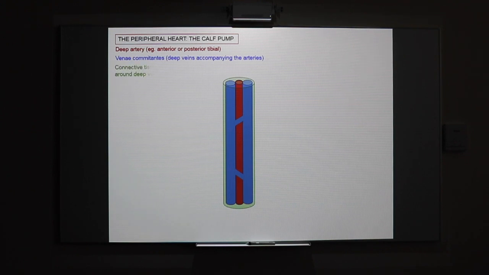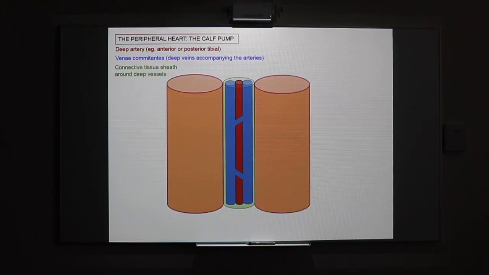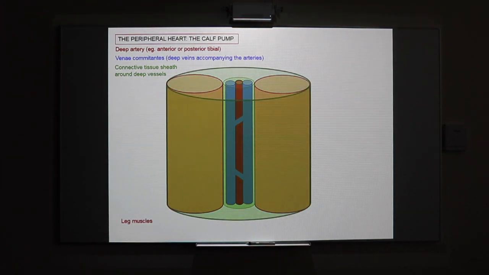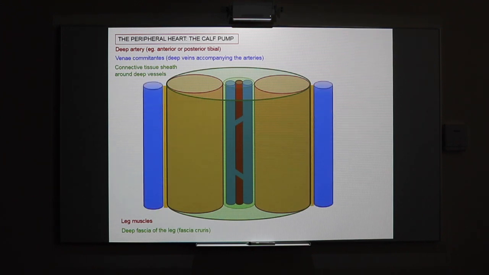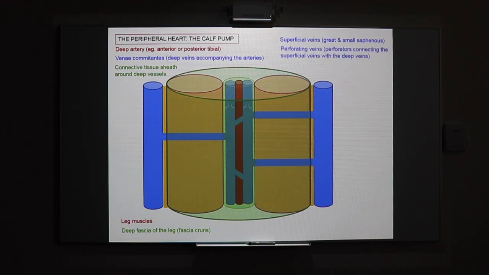Outside these arteries there are muscles, and the muscles are also covered by fascia, and outside this fascia are the superficial veins. These superficial veins communicate with the deep veins by perforating veins, and all of these veins have valves which will allow blood to move only from superficial to deep and from deep upward. Okay, so this is how the blood is moving.